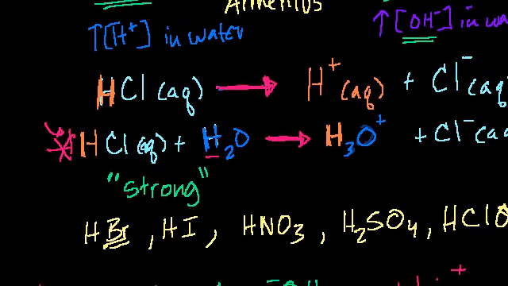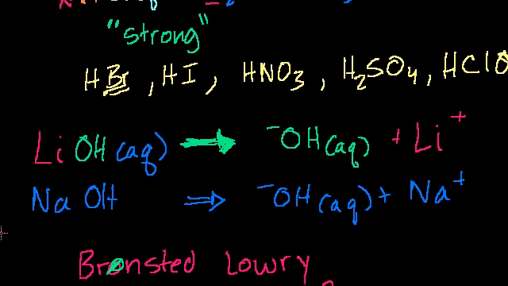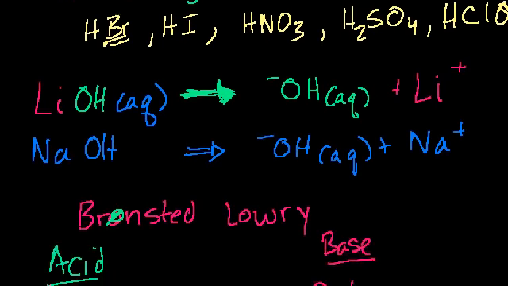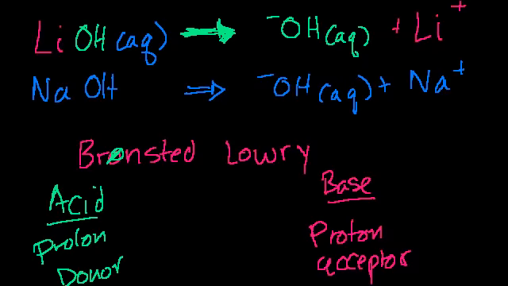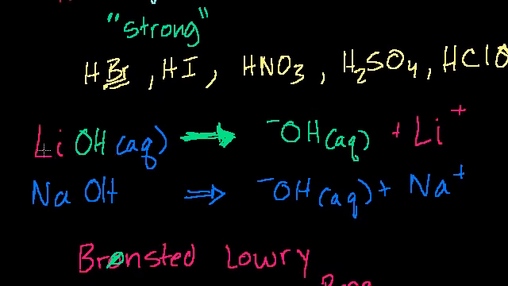Let's see the Bronsted-Lowry version of a base. A base is a proton acceptor. So this guy had this nice little relationship with this hydroxide ion. The hydroxide ion got disassociated, so it becomes a little bit fungible right here.